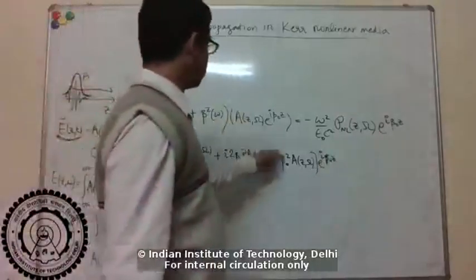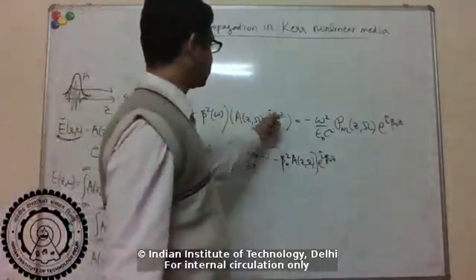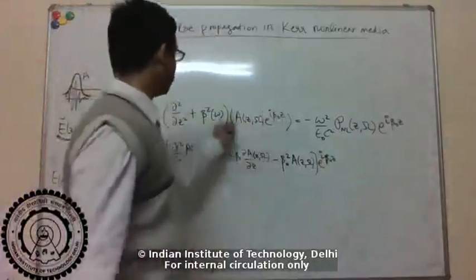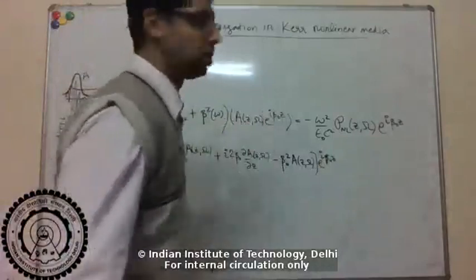Okay, so this beta naught squared comes when you differentiate e to the i beta naught Z twice, so you get i beta naught squared, which is minus beta naught squared, and then the cross terms, like differentiating this one and this one, will give you this.